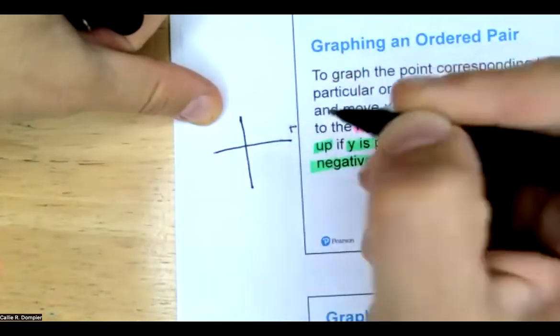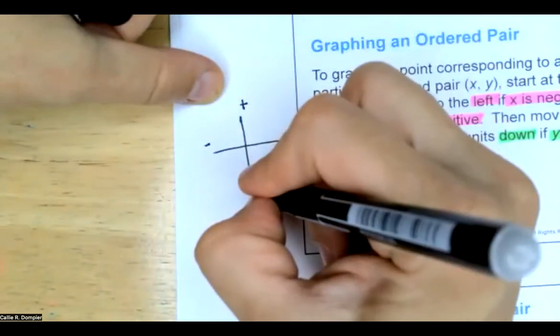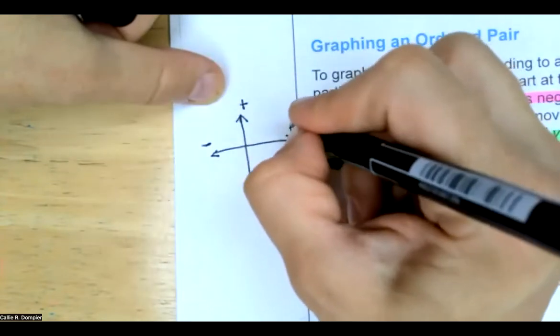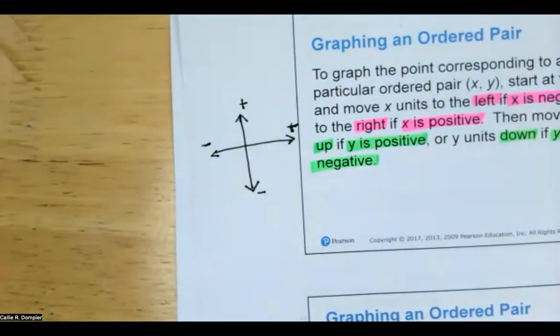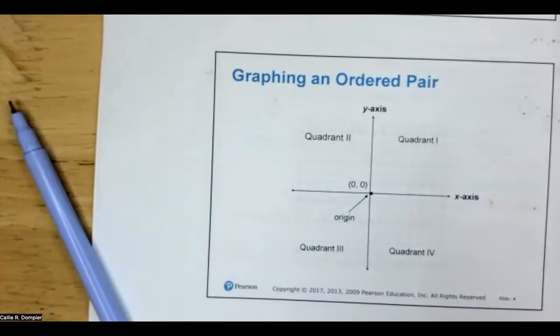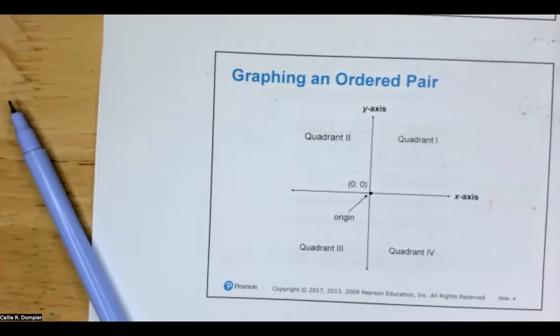This is positive x, this is negative x, this is positive y, this is negative y. All right. And this is the origin where you start. So here are the quadrants: quadrant 1, quadrant 2, quadrant 3, and quadrant 4. The x-axis, the y-axis, and then the point 0, 0 is your origin because you have moved 0 spaces from either place. Okay.